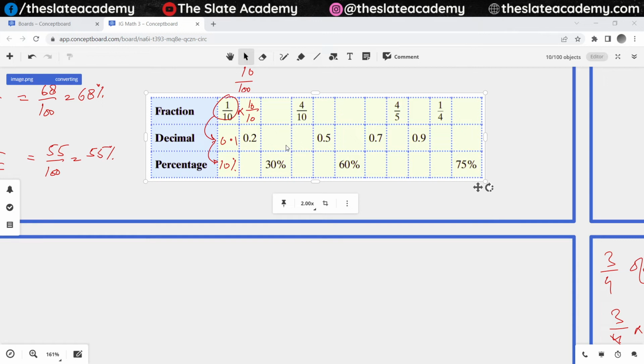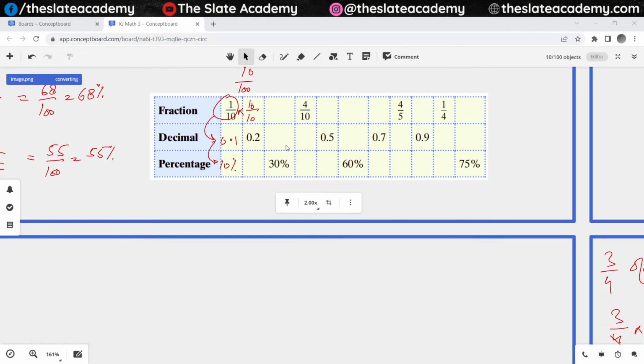Okay. All right. Next one, Mr. Arman. If you could please give me for 0.2, what would be the answer in terms of fraction and what would be the answer in terms of percentage? Excellent. 20%.